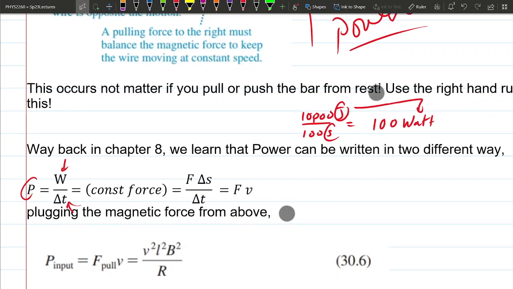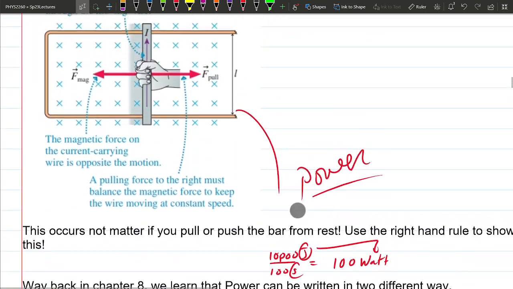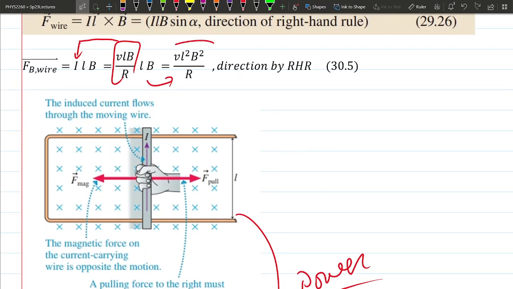In our case, it's nice because we can already calculate the force required to pull on this. If your pulling force and the magnetic force slowing you down are equal and opposite, then you would go at what velocity? It's constant velocity, exactly. And that's what we want.